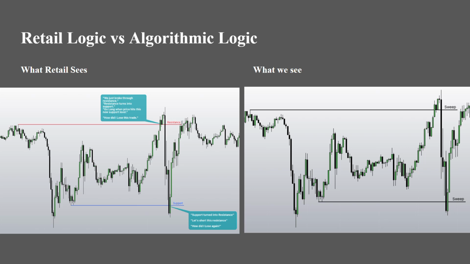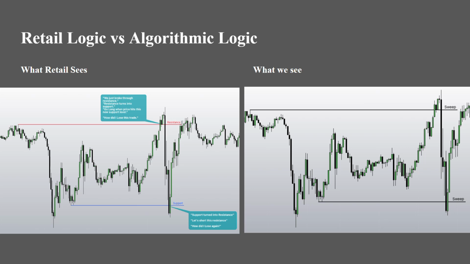According to their logic, resistance flips into support when it's disrespected, and upon the retest of that resistance level, now deemed support, they will go long. And price distributes lower right through it, stopping them out again, making its intended move, targeting opposing liquidity.